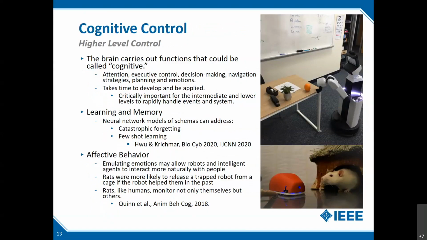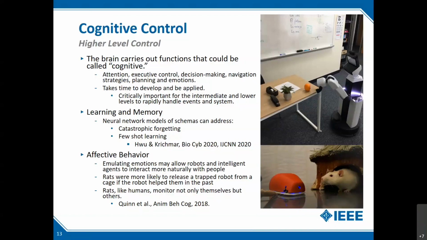So it's critically important for the intermediate and lower levels to rapidly handle events, maybe without awareness, but then, if they are important, bring them to the awareness of the cognitive control level. There are two examples here, with more in the paper: learning and memory, and affective behavior.